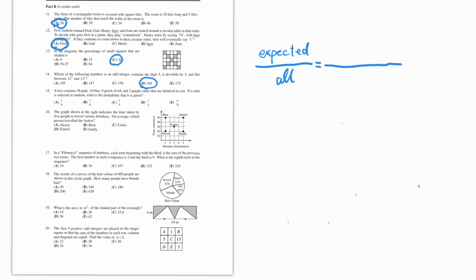So green is the 9 green. So the numerator is the green, that's how expected. What's the total? 36 pink plus 18 blue plus 9 green plus 6 red plus 3 purple.